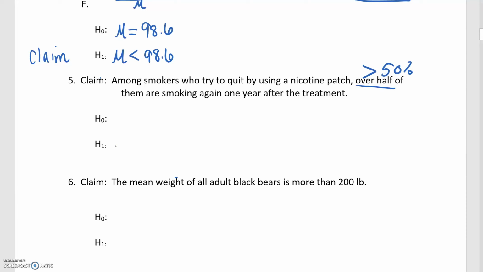So for our alternate, we'll say P is greater than 0.5. And that makes our null P is equal to 0.5. Sorry, that's not writing. Okay, you can see it decided to update there all at one time. So P is equal to 0.5.